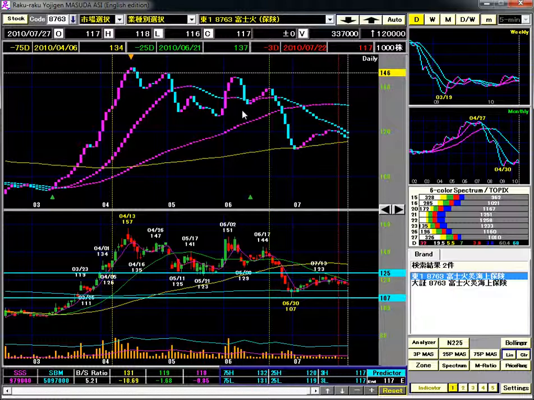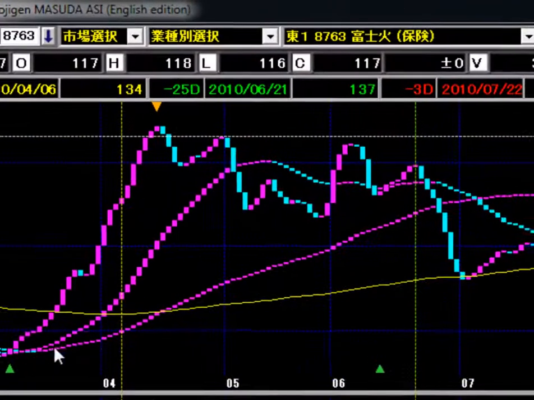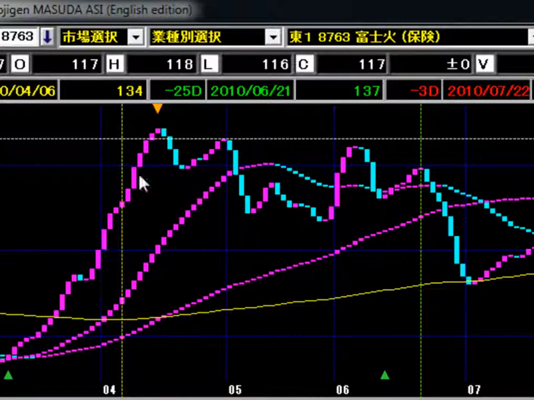And we've already mentioned before that the Masuda Ashi chart comprises these three Masuda Ashi real body lines: the short-term line, the medium-term line, and the long-term line. And when we are in an uptrend or a rising phase, the Masuda Ashi real bodies are colored pink, and when we're in a downward phase or a downtrend or a declining phase, the Masuda Ashi real bodies are this aqua blue color.